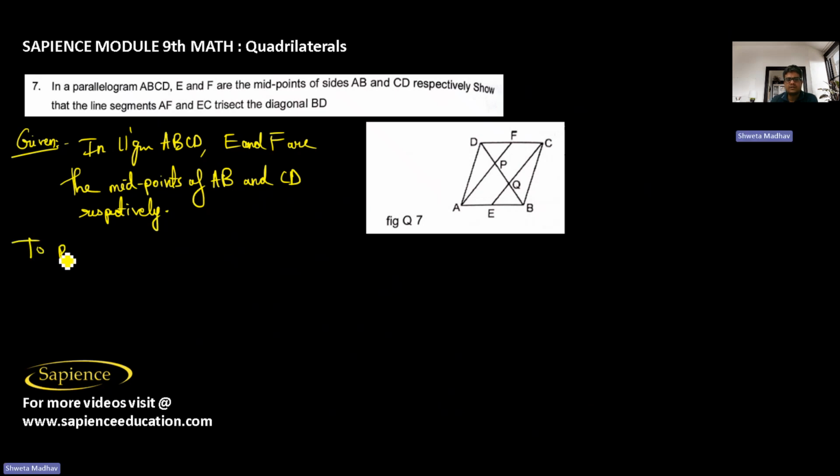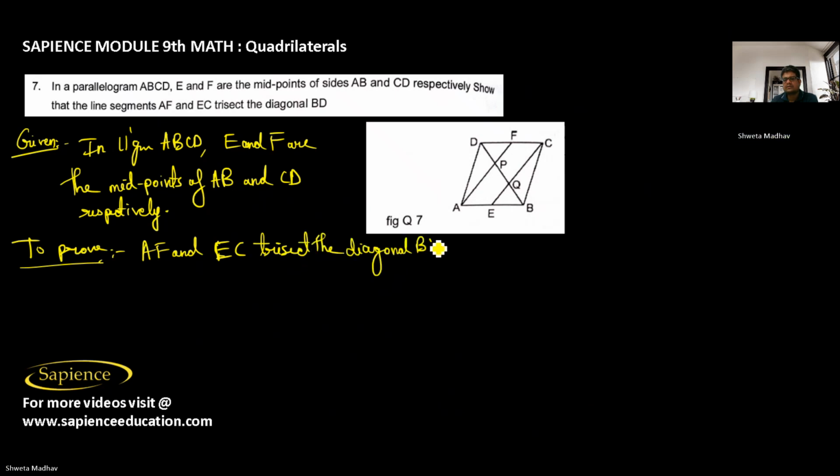Then we have to prove that the line segments AF and EC trisect the diagonal BD.